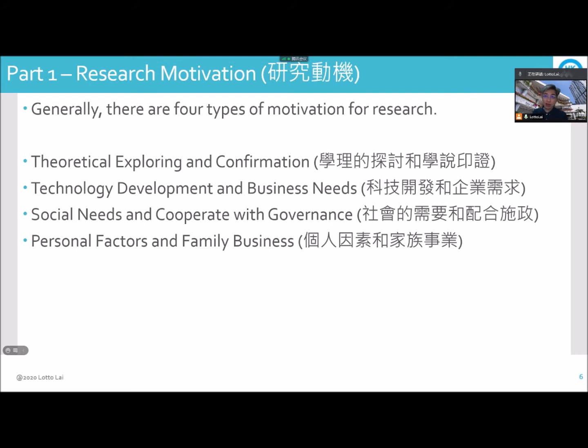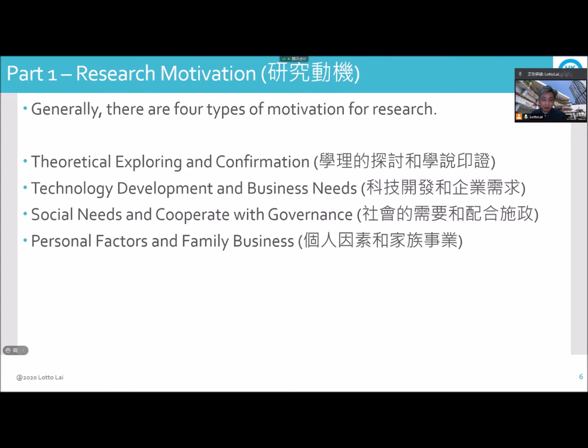Generally, there are four types of motivation for research. First is theoretical exploring and confirmation, which is mainly theoretical study. Second is related to technology development and business need, which is more compatible or applied research.